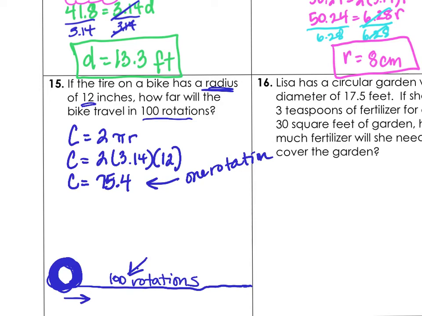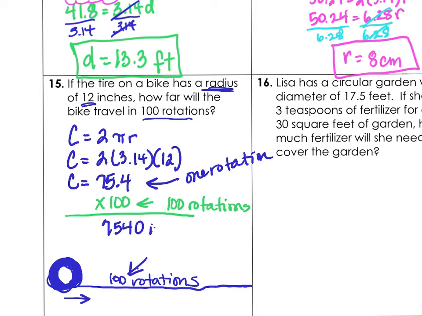So we have to multiply it by 100 to get the 100 rotations. And that means that your bike will go 7,540 inches. That's how long your trail of water would be.